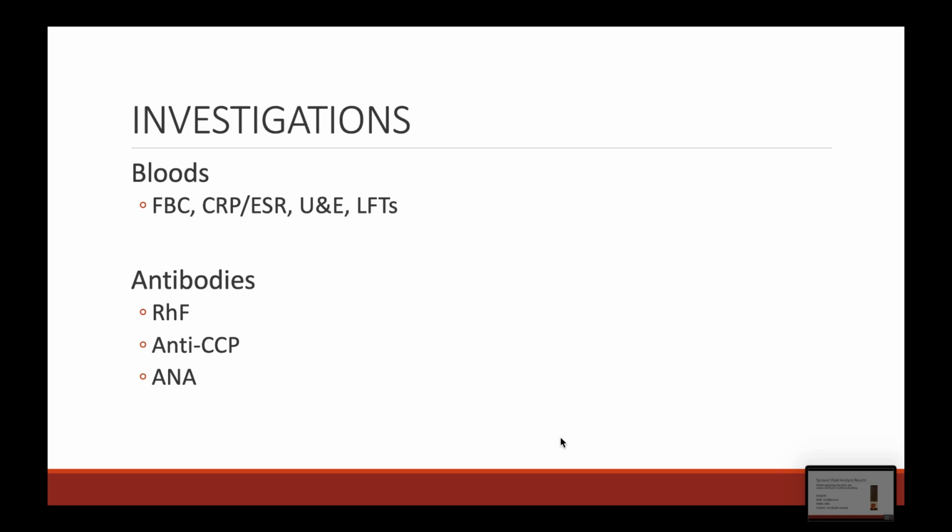This is given that you have a diagnosis in your mind, and the diagnosis we want to think about is rheumatoid arthritis. Rheumatoid factor is positive in 60 to 70% of RA patients, but it may also be positive in healthy people. So it's very sensitive, but not very specific.